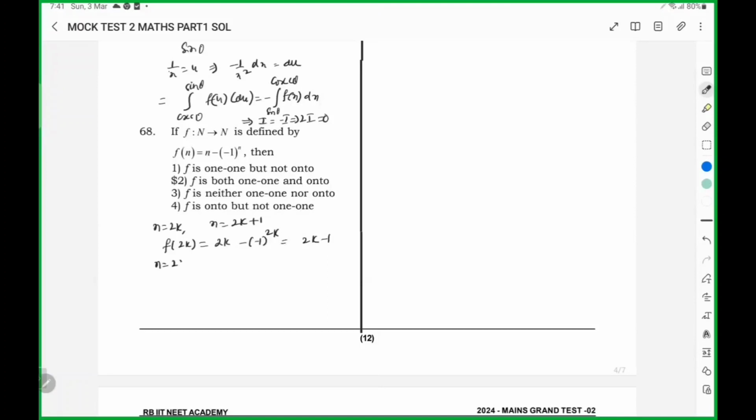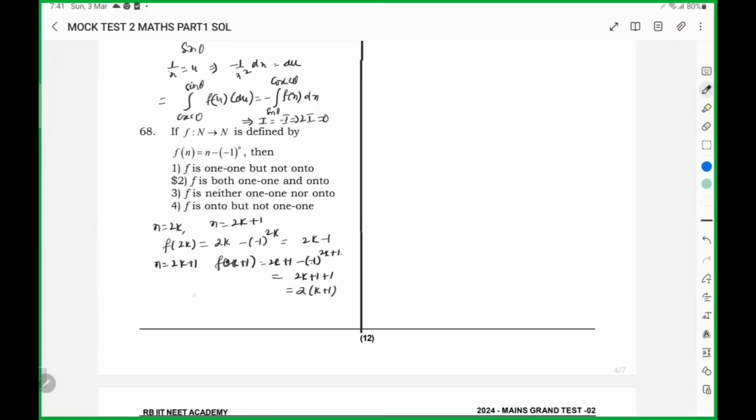If it is odd, 2k + 1, then f(2k + 1) = 2k + 1 - 1 power 2k + 1, which is minus 1, so you get 2k + 1 + 1, that is 2 times (k + 1).